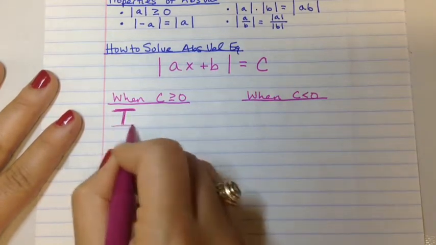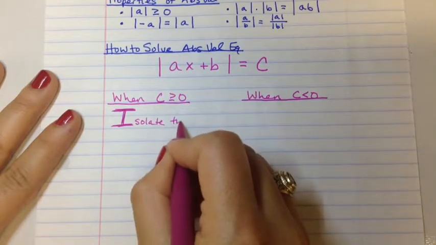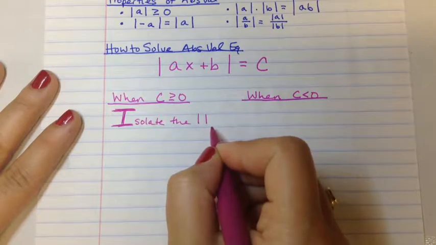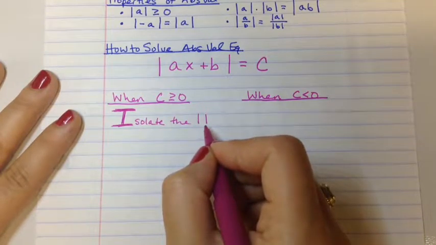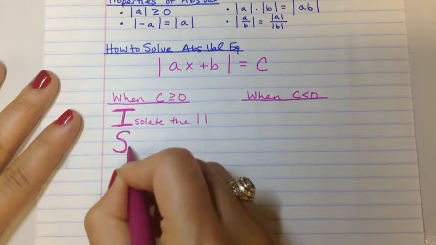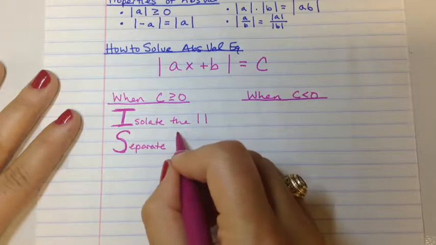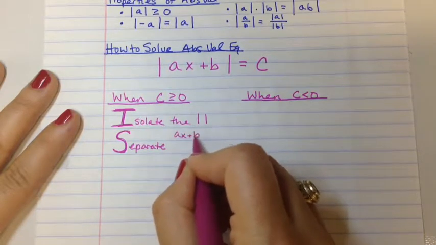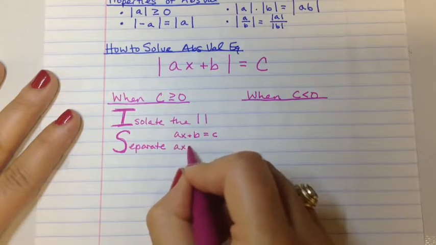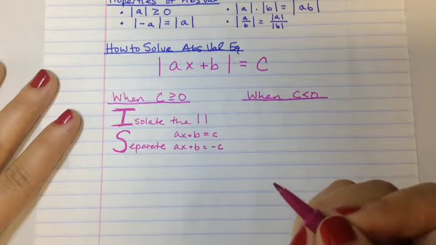The first step is to isolate the absolute value bars. Once you have the absolute value bars isolated, which means it's the only thing on its side of the equal sign, you will separate the two equations. So you'll have ax plus b equals c, the equation without the absolute value bars, and ax plus b equals negative c without the absolute value bars.